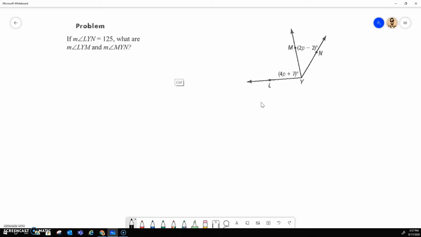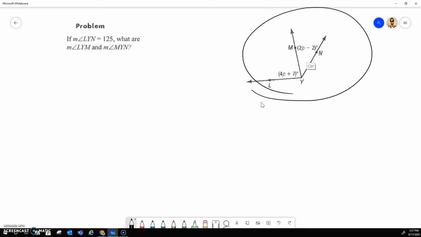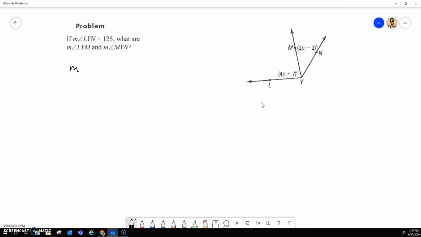I'm going to go ahead and rewrite my angle addition postulate for this diagram using these point names specifically. It's the measure of angle, let's just take one of the smaller ones, LYN, plus the measure of the other smaller one, MYN, should be equal to the measure of angle, well, what's the name of the total angle?